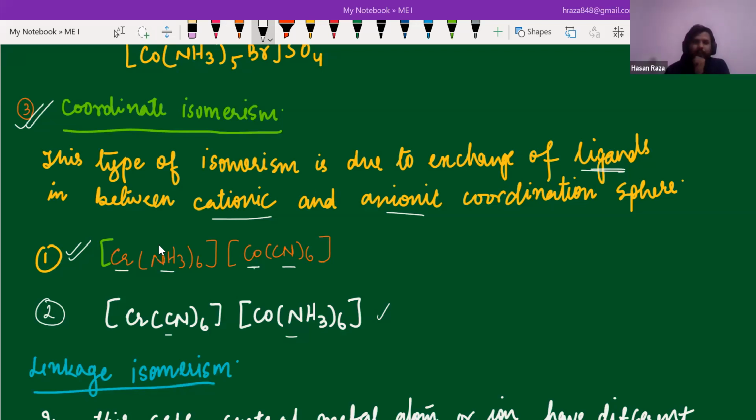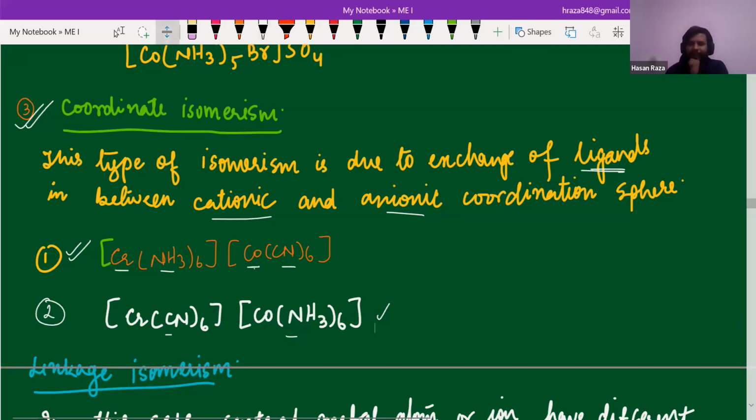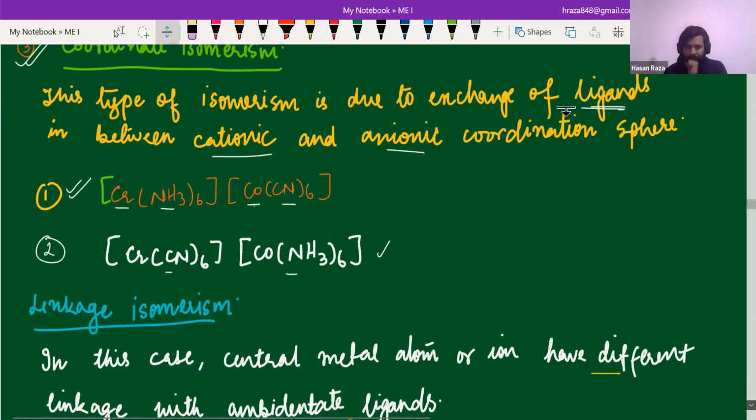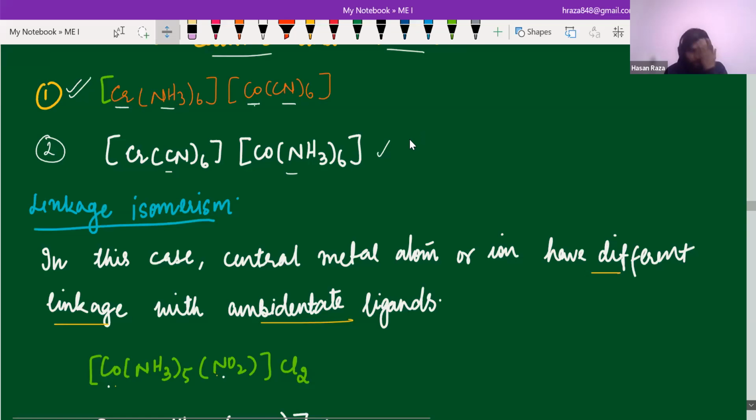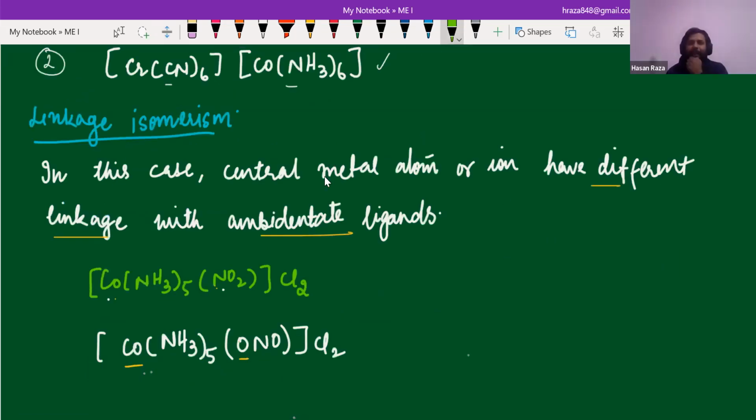Nafisa, as you can see, this is quite easy. Now the fourth is linkage isomerism, and it is totally related to ambident ligands. In this case, the central metal atom or ion has different linkages with ambident ligands. Both have the same chemical formula, but here cobalt is connected with the ambident ligand through nitrogen, and if written the other way, it is connected through O. Only the linkage between the central metal atom and the ambident ligand is changed.